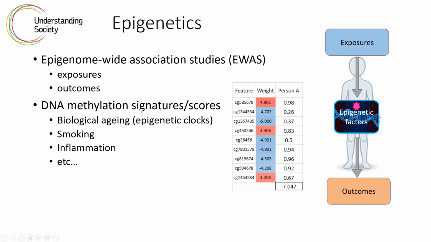A DNA methylation signature for smoking might be these specific sites in red. Your average smoker would be more methylated than your average non-smoker, and the sites in blue might be less methylated in your average smoker than in your average non-smoker.